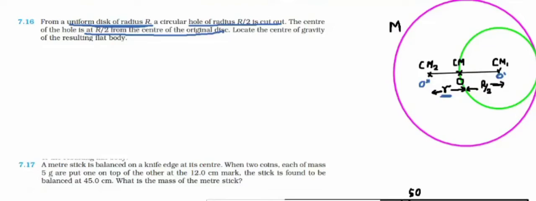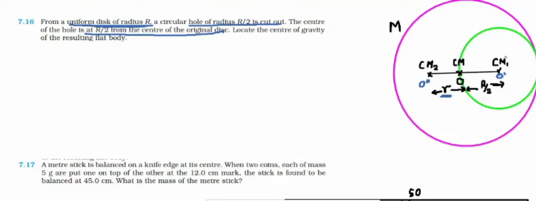So how can we find it? You can imagine the situation like this. We have two bodies. The first one is the disk of green color, whose center of mass is at CM1. The second part is the remaining part, and its center of mass is CM2.